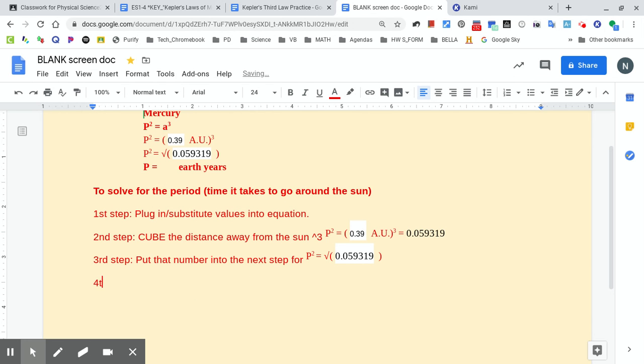And then the fourth step is you want to solve for P. So we have this step right here. To get rid of the P squared, we have to actually square root it.